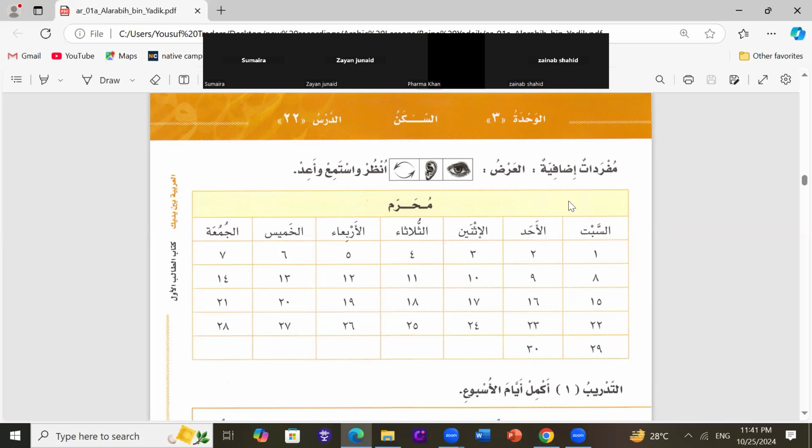Like Al-Ahad, Wahid, Isnan, Salasa, Arba'a, Khamsa. Counting till five is very similar to the days' names. So be careful while you learn the days' names, so you can easily discriminate between the days' names and counting.